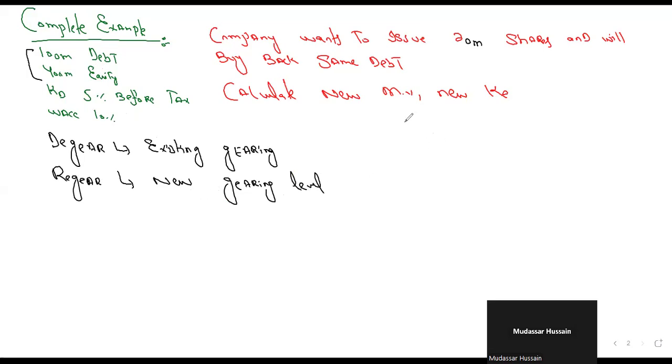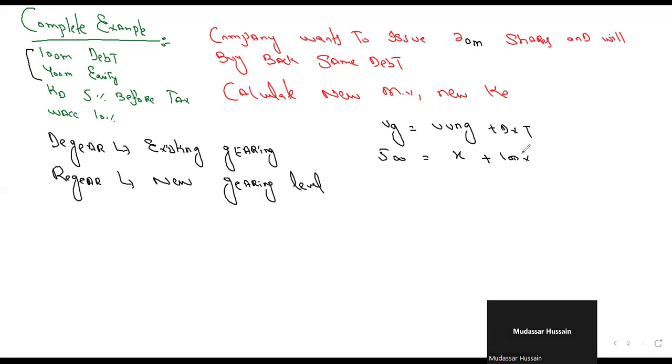According to the theory proposition, you know that value of a geared company is equal to value of ungeared company plus debt into tax. What was the geared company value, guys? Total value 500. The ungeared we have to find, plus the debt 100, the tax.